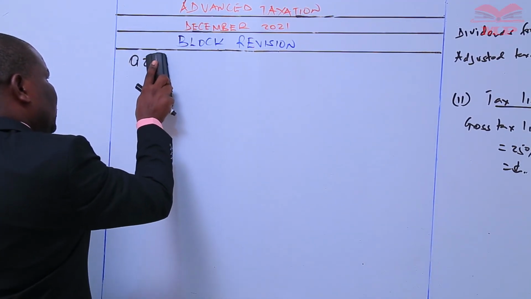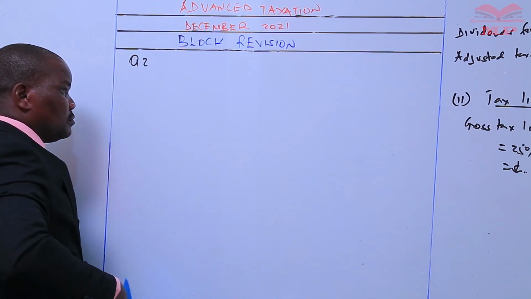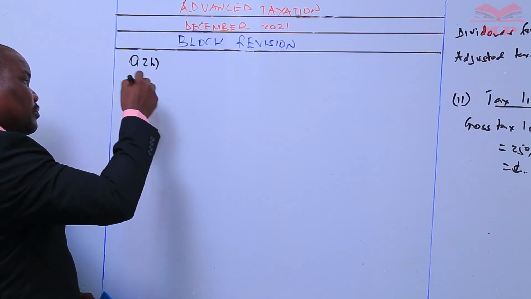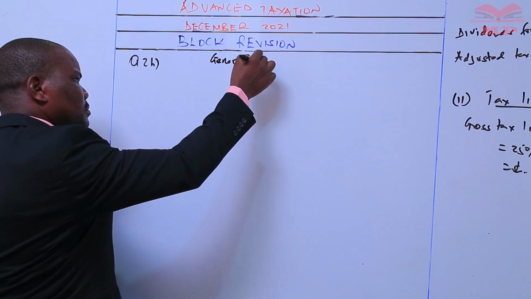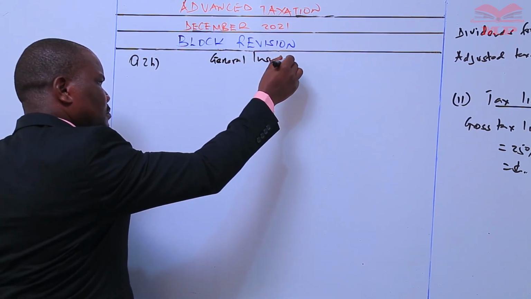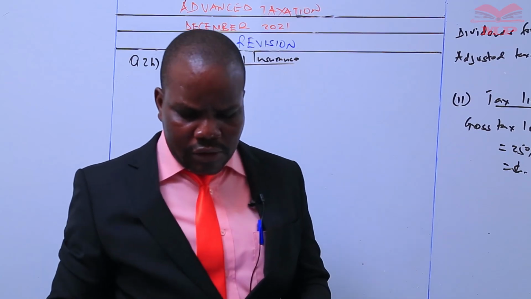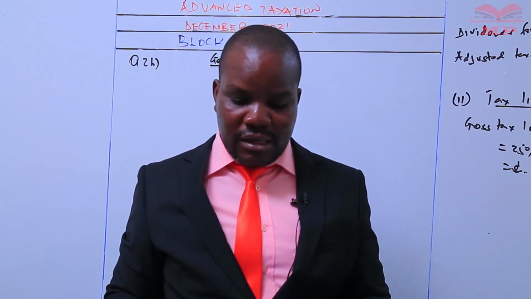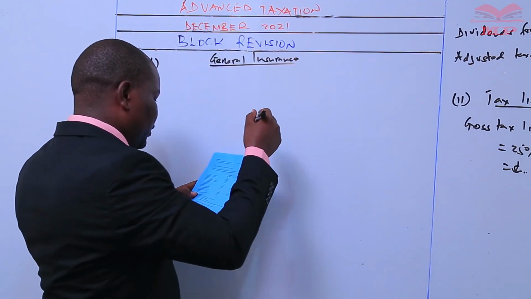So that is question 2B. Question 2B. So we start with the general insurance. So here we have an income statement. Sorry, we don't have an income statement provided. So it means we can only use the gross profit approach. So we can do it like this.